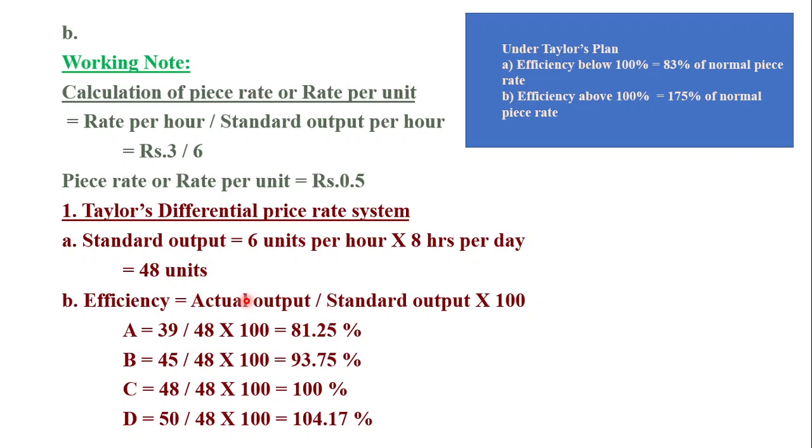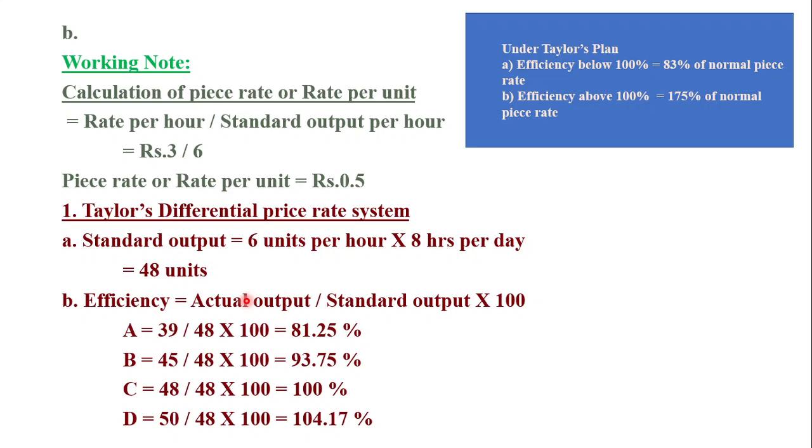Next one, we have to calculate the wages under the differential piece rate system. There are two methods: one is Taylor's differential piece rate system and another is Merrick's differential piece rate system.